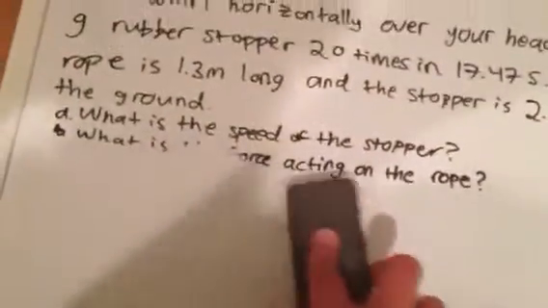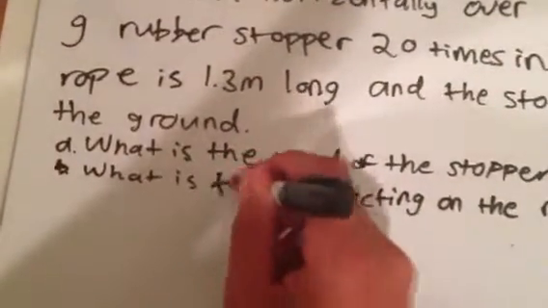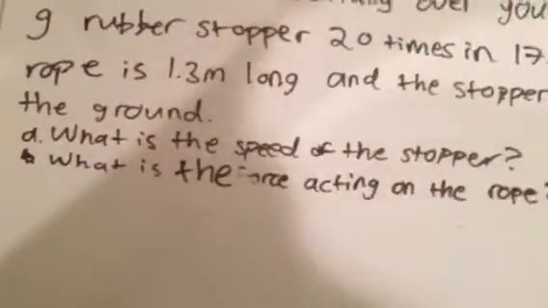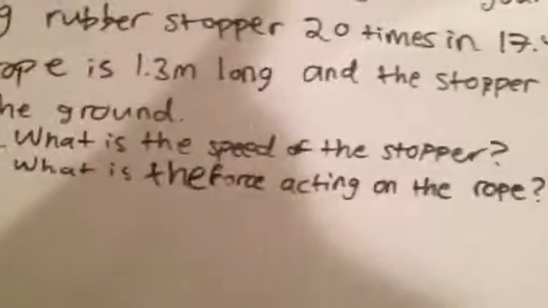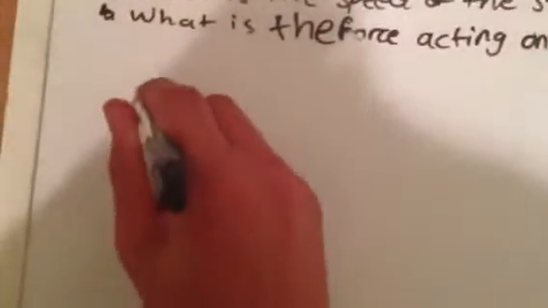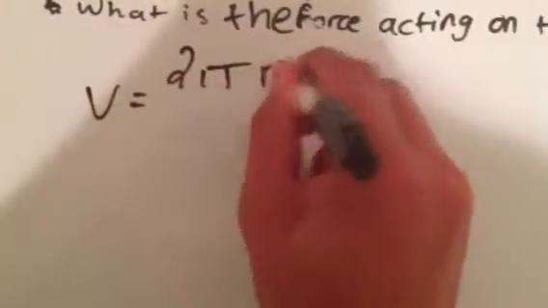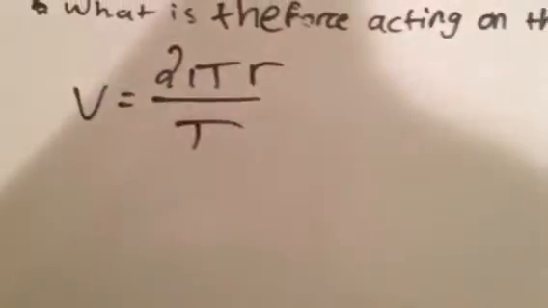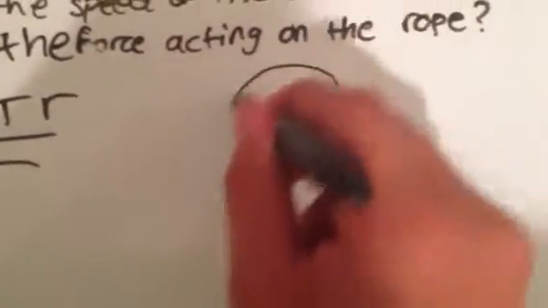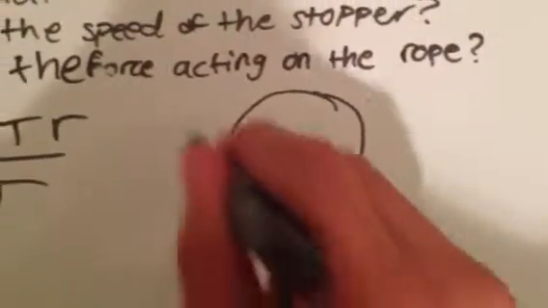Alright, so we are first trying to find the speed of the stopper. So we're essentially trying to find the velocity, which is equal to 2 pi r over T. So you're probably wondering what r is. Well, if we draw a quick picture, imagine yourself whirling this rope around.